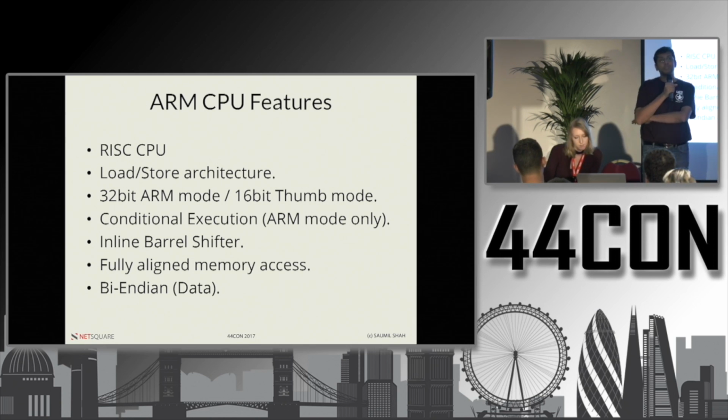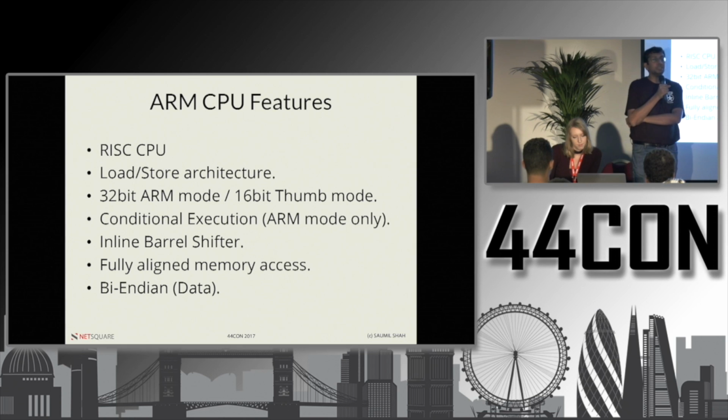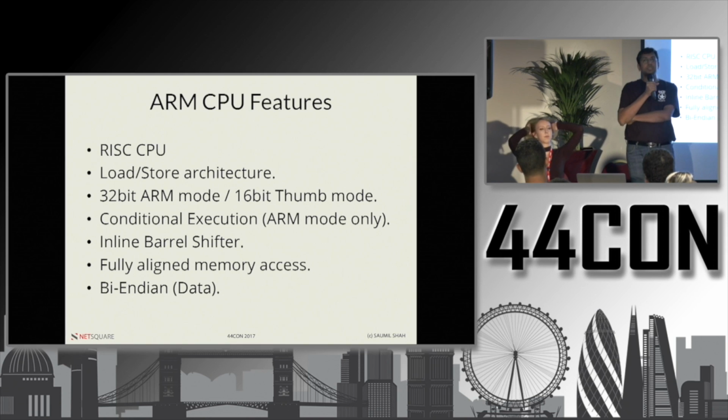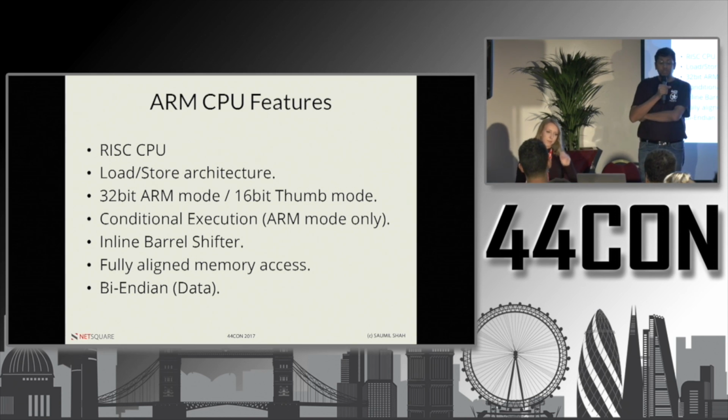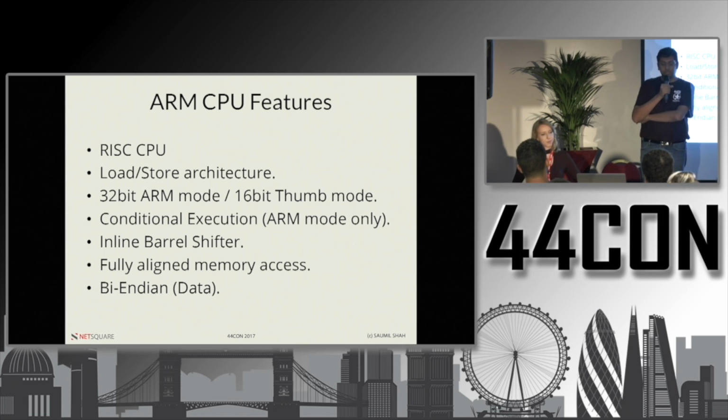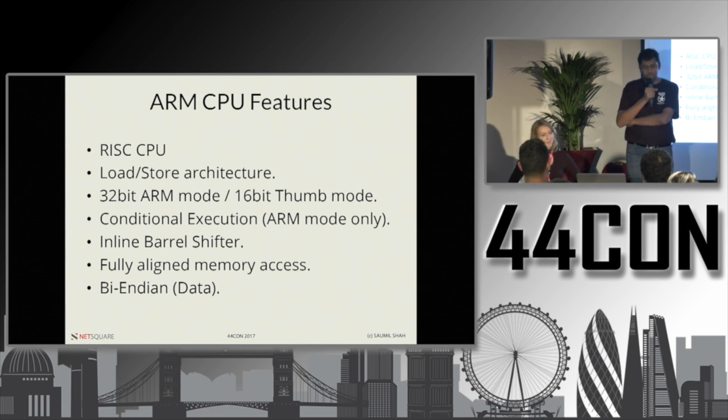ARM assembly, therefore, at first go sounds very weird. It even sounds illogical. But the more you study it, the more it will make sense, up until a point that you will totally just not like looking at Intel assembly. Especially if you start doing ROP chains on ARM, they're really cute and really beautiful and really elegant. And ROP chains on Intel just look absolutely ugly, just like a Picasso painting.